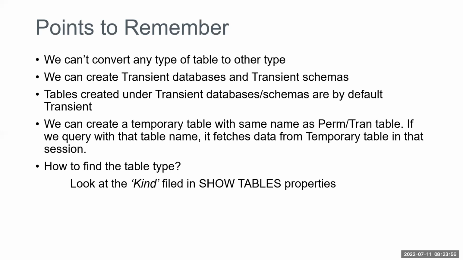So whenever you just run this query, show tables, there will be some set of columns, right? In that there will be a column with the name kind. This kind will give us it's a permanent table or a transient table or temporary table. Okay. So this is how we can identify which kind of table, which type of table it is.